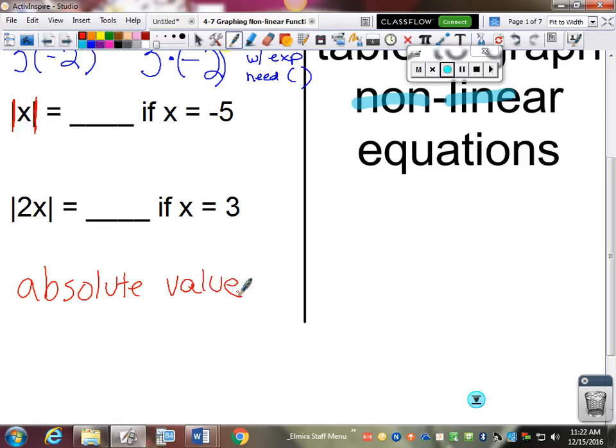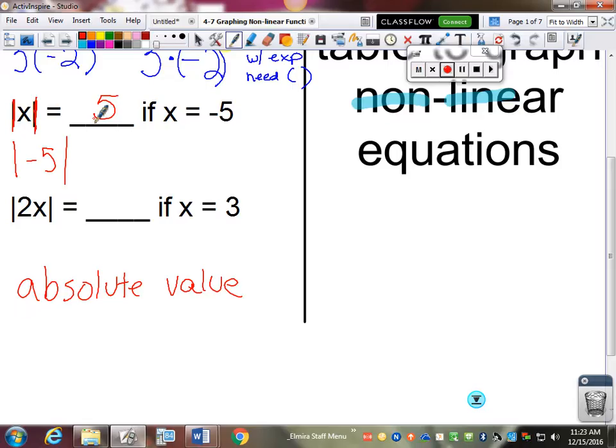How far away from 0 is it? Okay. Whether you have $5 or you owe $5, you're talking about $5. So what absolute value does is just tells you how big the number is. The absolute value of negative 5 is 5. The size of the number is 5. Whether it's negative or positive, it's 5.